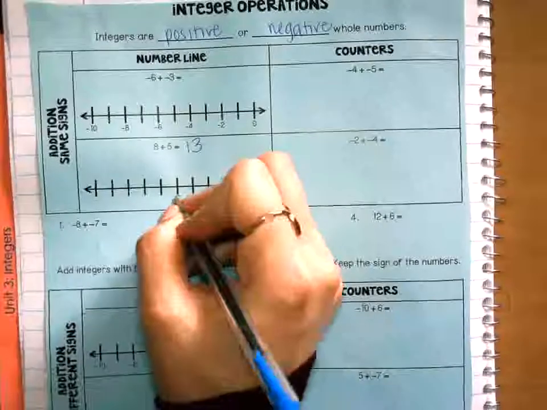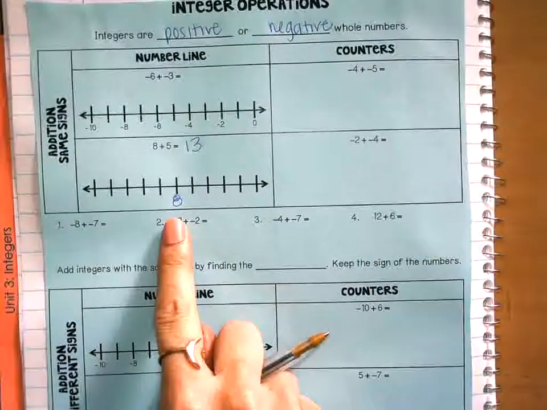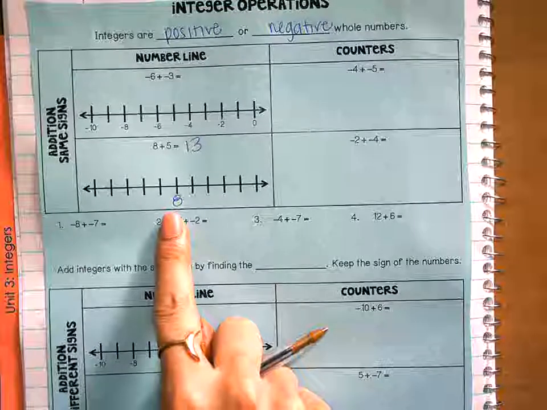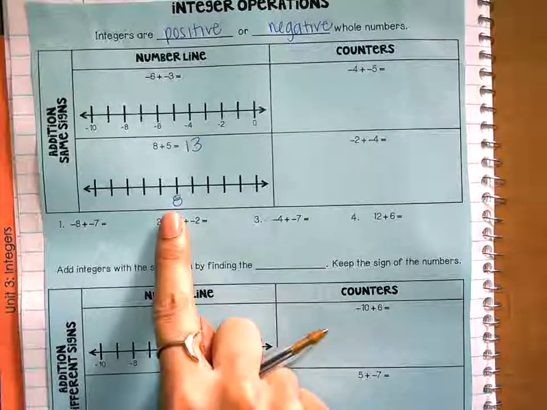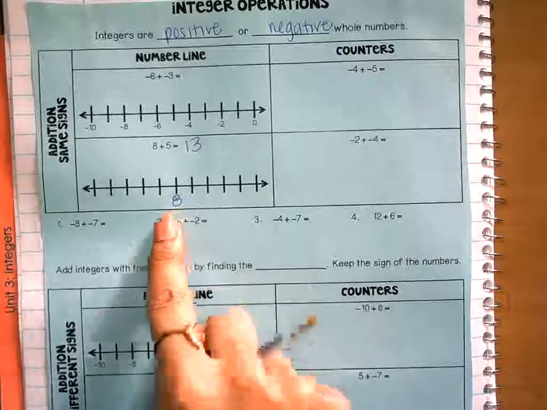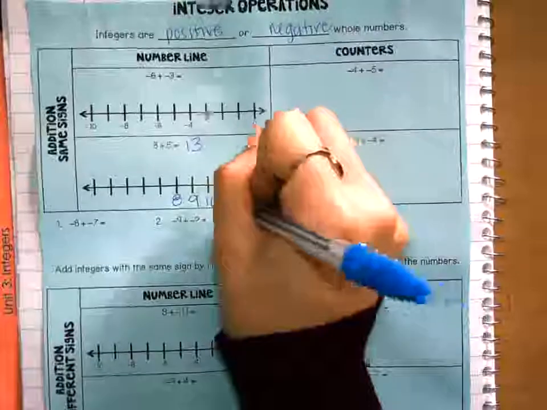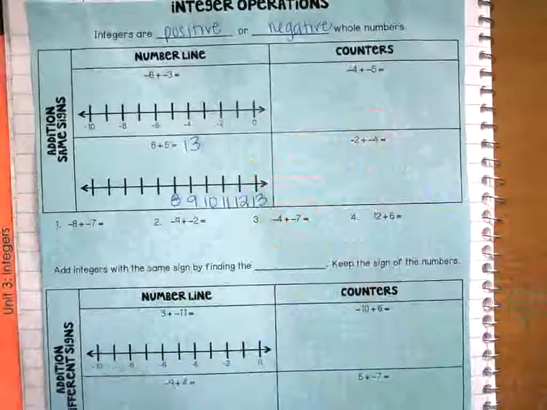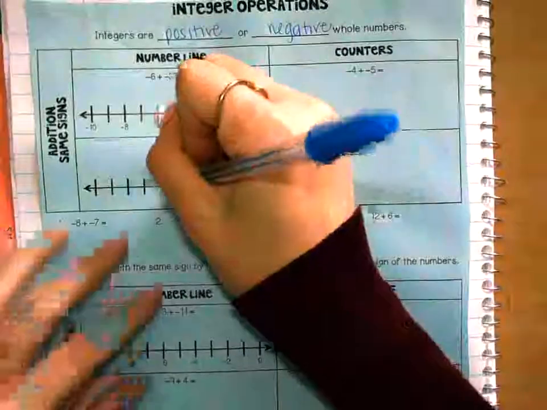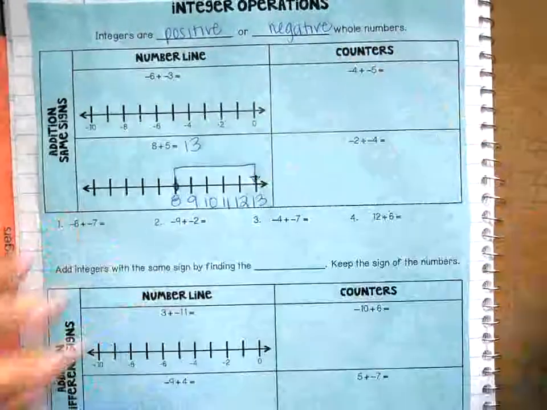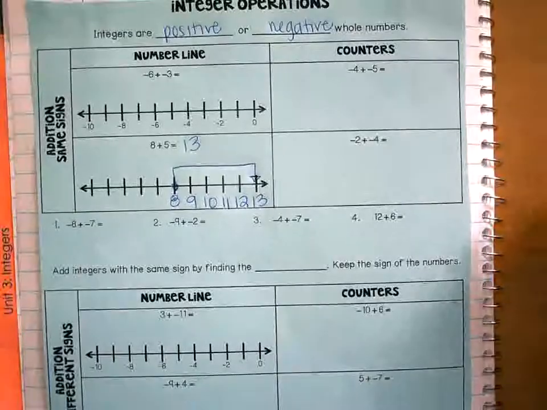If I put 8 in the middle of my number line and I want to add 5 to it, I could count on my number line: 8, 9, 10, 11, 12, 13. It starts at 8, I add 5 to it, so it's going to end at 13. We all know that, right?